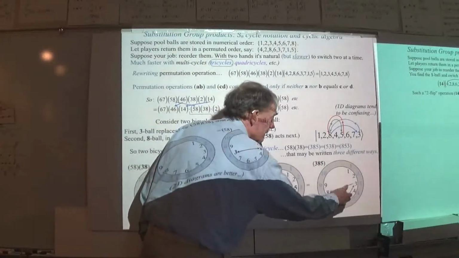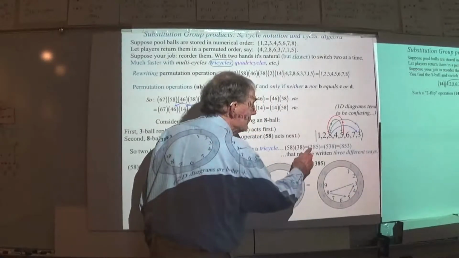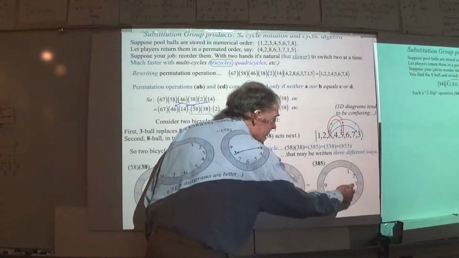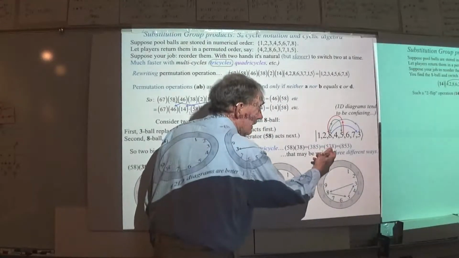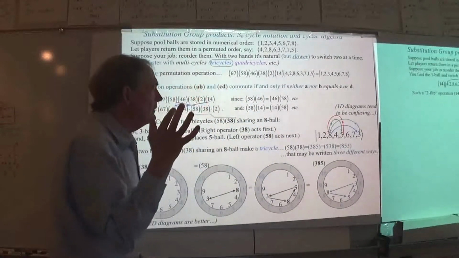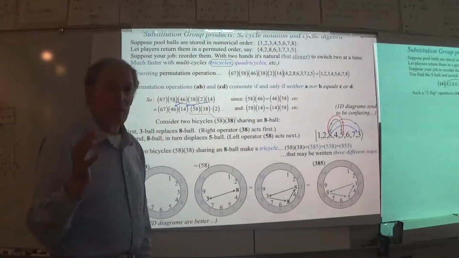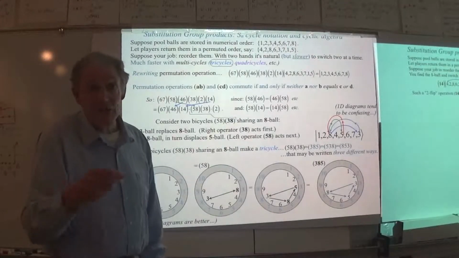You see, 3 goes to 8, goes to 5, goes to 3. Okay, that's this one. But 5 goes to 3 goes to 8 goes to 5 is another way to say it, and so forth. You just read it. Who you start reading it with is immaterial to the actual operation. We're assuming that. Now, of course, not true. Quantum mechanically, you can start moving it.